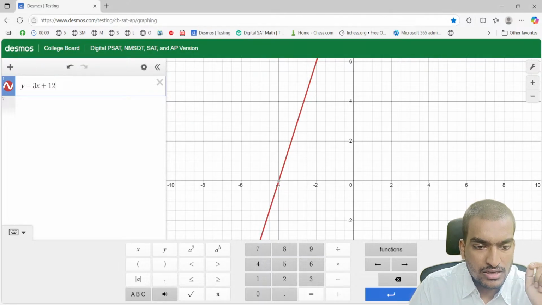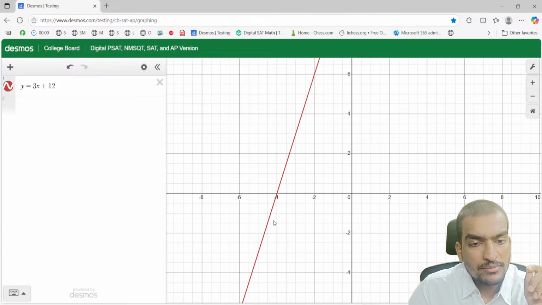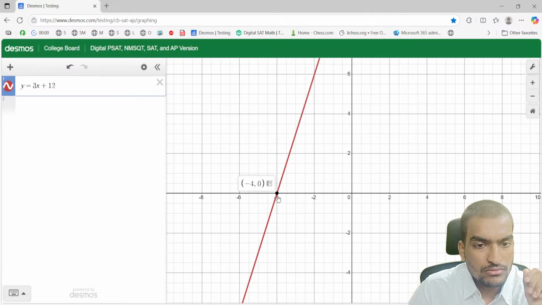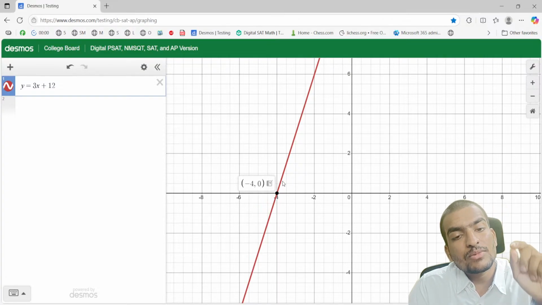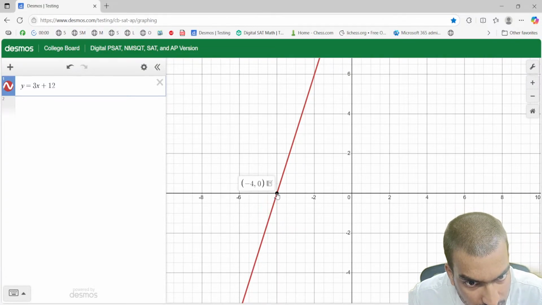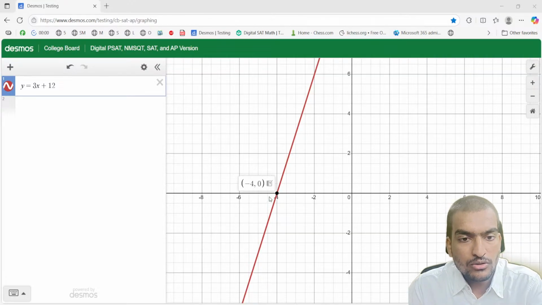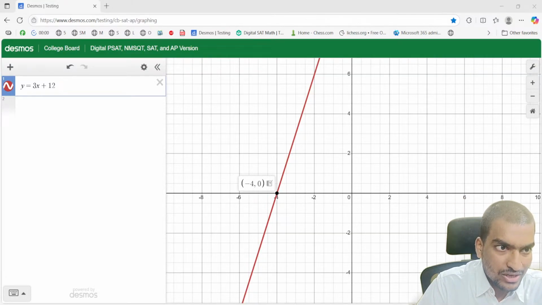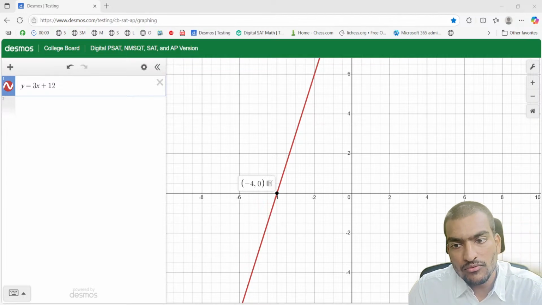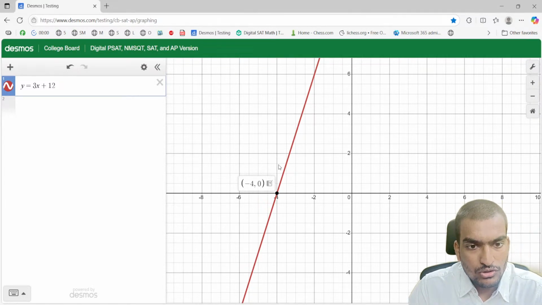So you just check the graph, no need to solve also. If you check the graph, at the x-intercept the y value is 0. X-intercept means where the line is crossing the x-axis. The line crosses at this point, which is negative 4, 0. You can just put that equation in and check where the line crosses the x-axis, that will be your solution.